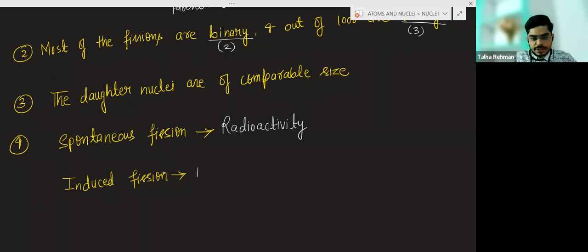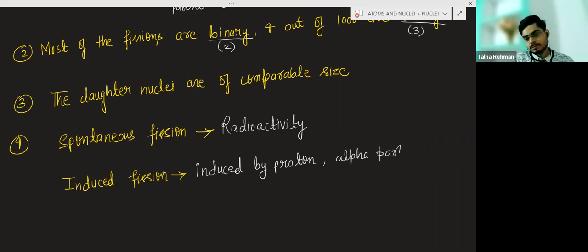So this is induced by proton, or it is induced by alpha particle, or it is induced by neutron.